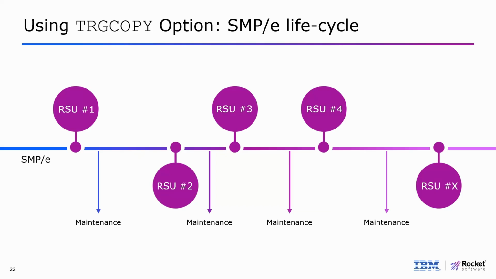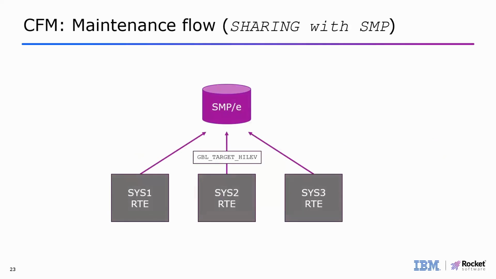So when you look at the Configuration Manager default RTE type that is sharing with SMPE, what does that mean? It means I apply maintenance to SMPE, and I need to run a generate action to pick up that maintenance for my respective RTEs.